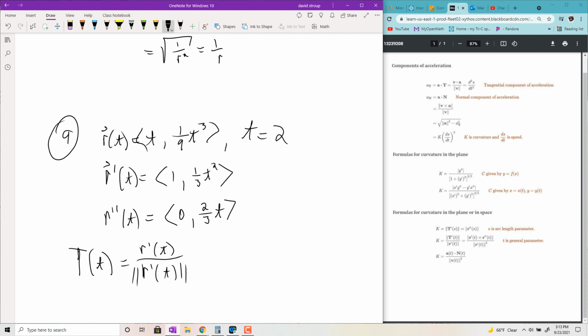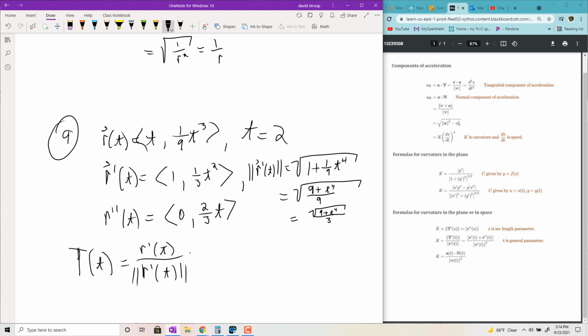Okay, we have the r prime of t there. I need the magnitude of r prime of t. So r prime of t's magnitude is the square root of 1 plus 1/9 t to the 4th. You can rewrite that and simplify it. So that would be 9 plus t to the 4th all over 9, and then that would be square root of 9 plus t to the 4th over 3.